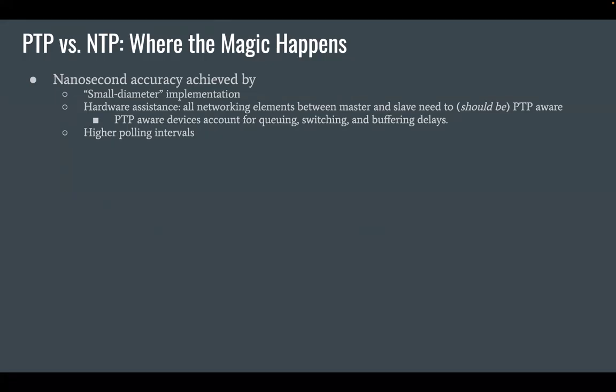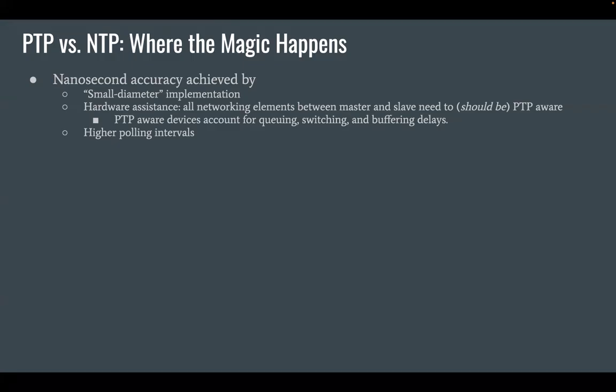The primary way is the second point: it's hardware assisted. All the networking elements between the master and slave need to be, and I put parenthetically should be, PTP aware. This allows the networking elements to account for and update the timing of the packets for queuing, switching, and buffering delays.